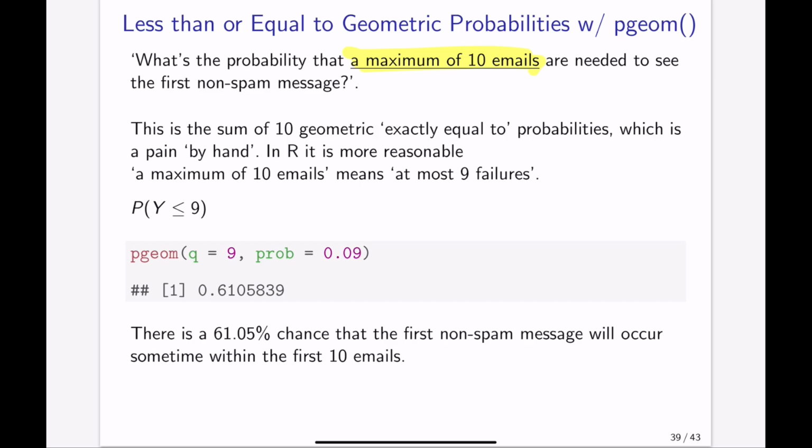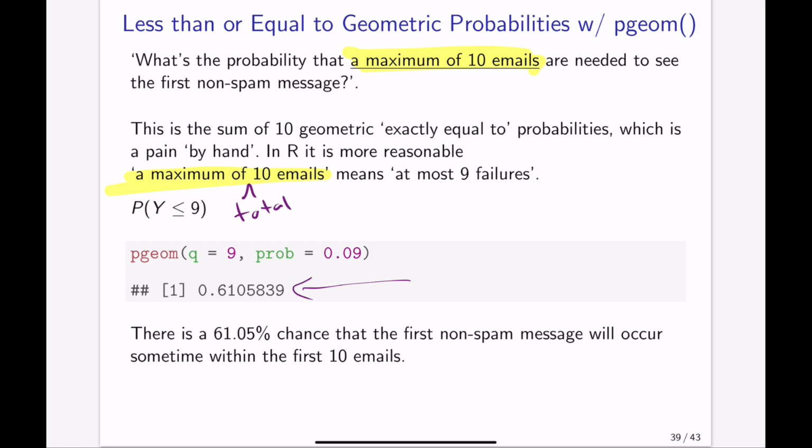A maximum of 10 emails means at most 10 total emails. That means that at most we would need to see 9 failures, so we're going to put 9 into pgeom.